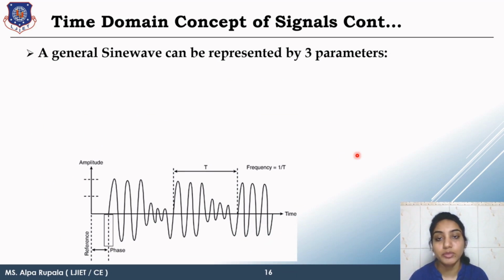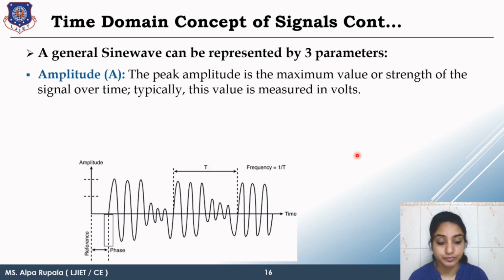So in the time domain concept, we need to understand which terms we can use to represent signals in graphical form. The first term is amplitude. Amplitude means the strength of the signal, or the intensity of the signal. It can be measured in volts.